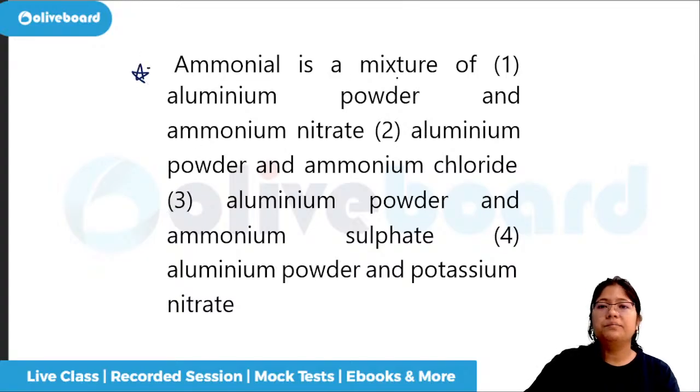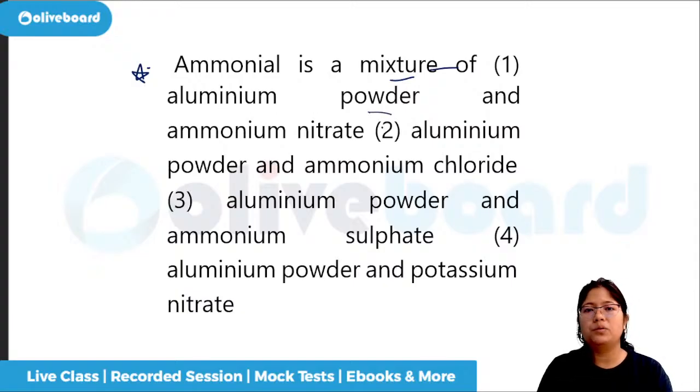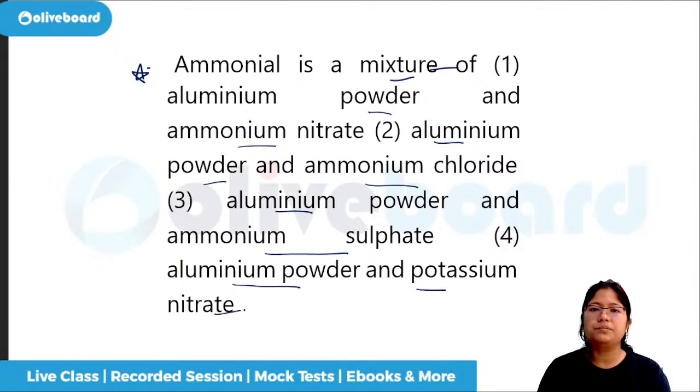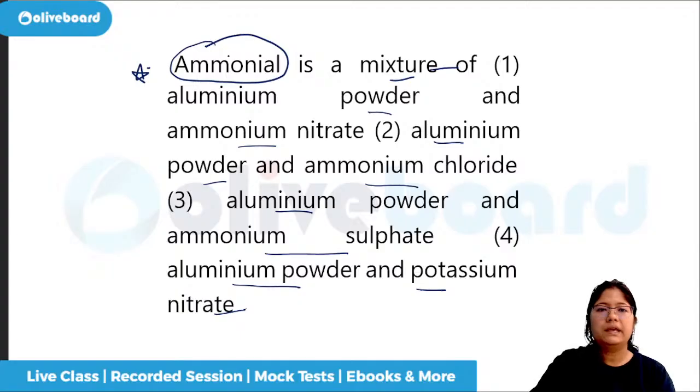Ammonal is a mixture of ammonium powder and ammonium nitrate, aluminum powder and ammonium chloride, aluminum powder and ammonium sulfate, aluminum powder and potassium nitrate. So what is ammonal?